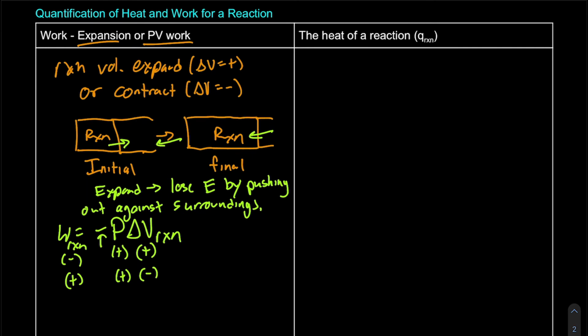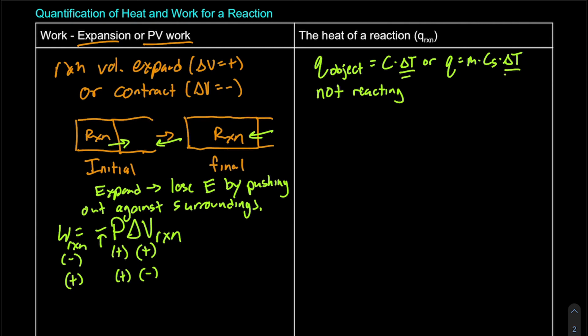Now, when we're looking at the heat of a reaction, we're going to think about, how do we actually measure heat? So let's do a quick sidestep and say, we know the Q of an object is equal to either C delta T, or the Q of that object is equal to mass specific heat delta T. Now, one important observation to make here as we're thinking through this is that this object is not reacting because it's undergoing a temperature change.